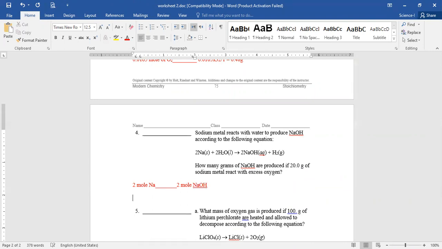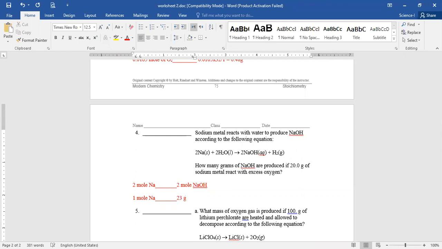So then here, in that case, he gives you 20 gram of sodium. So we're supposed to know how many mole this 20 gram represents. We said that 1 mole of sodium represents 23 grams.